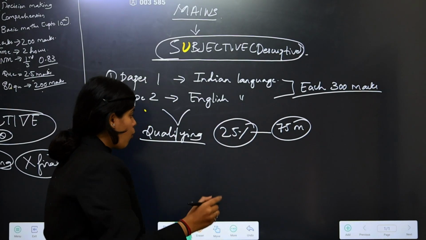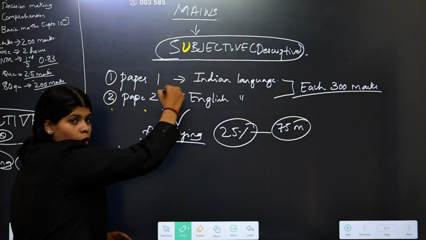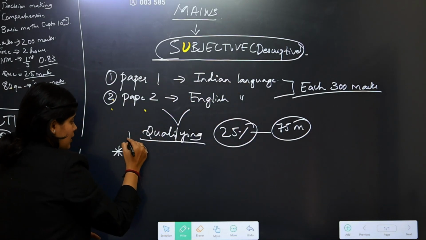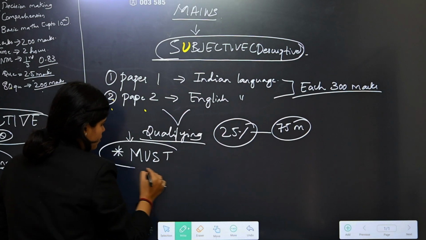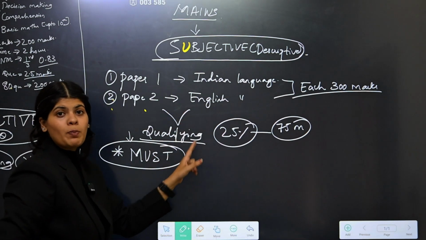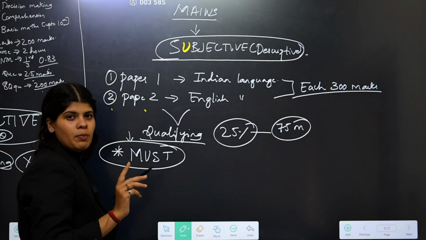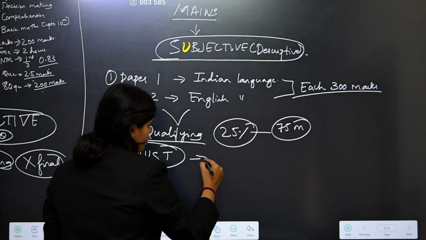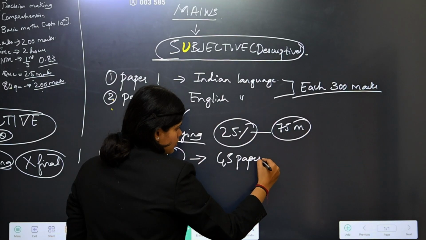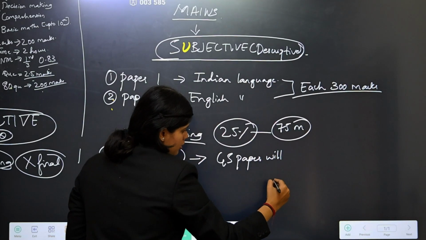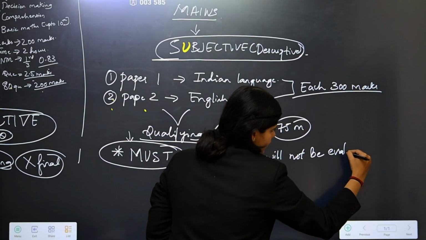One thing is very important to note here. Qualifying both papers is a must. If you don't qualify even one of the papers, your GS papers will not be evaluated.